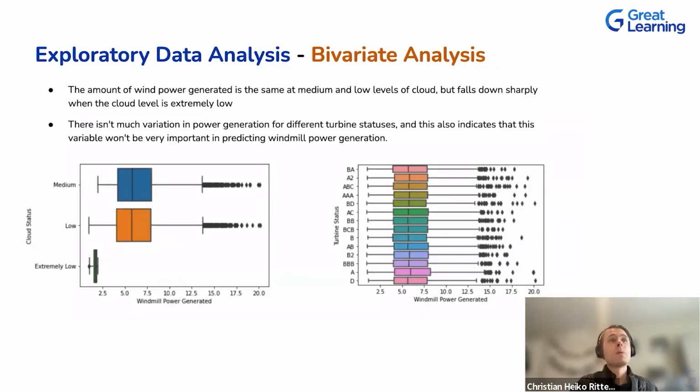algorithm. So far we looked at individual variables, but after we identified that we want to predict the windmill power, the power generated, it's relevant as part of the EDA to look at the relationships between the power generated and the other variables at hand. If you have a few variables, great, it's easy to identify relationships.